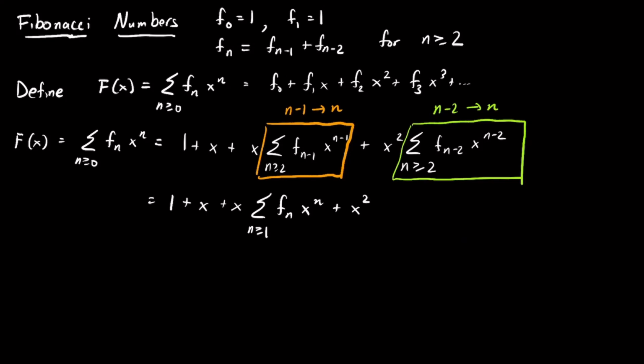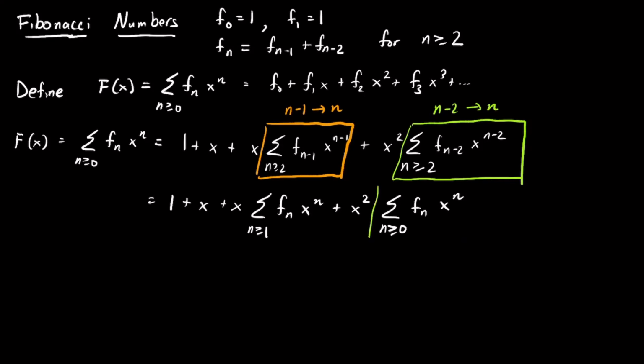And then I'm going to do the same thing for the second series. I noticed that the first term here was f sub 0 x to the 0. So I'm going to start this second series at n equal to 0. So this is n greater than or equal to 0, f sub n x to the n. Okay, and now what do I notice about these two series?